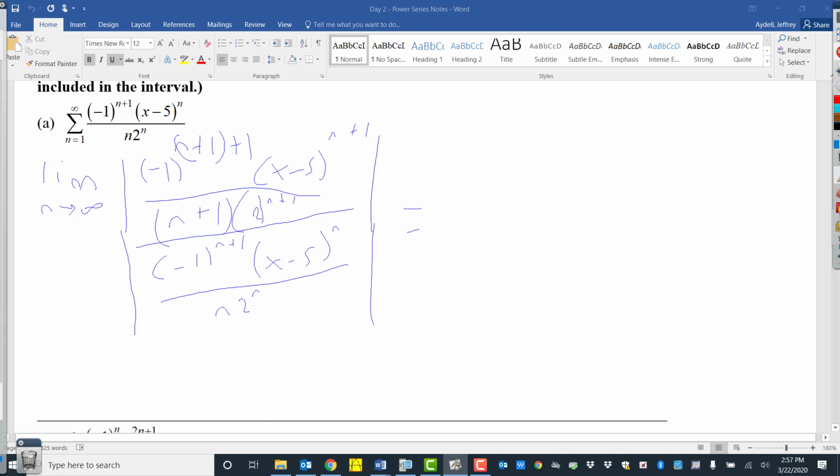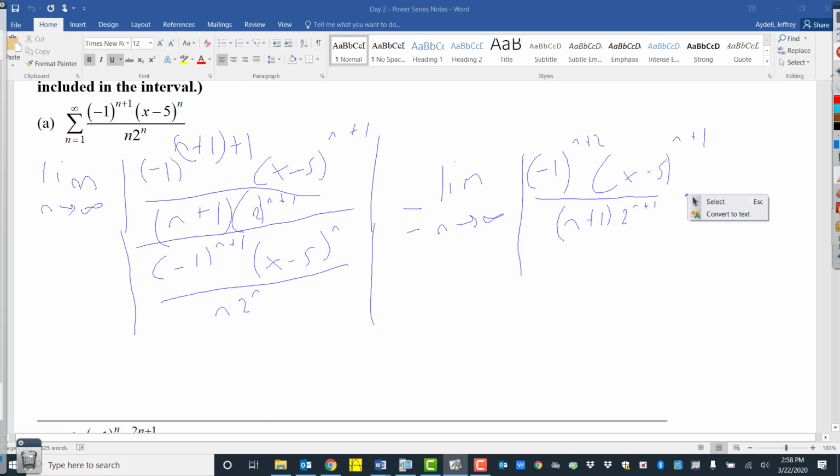Now this whole thing can be rewritten. We're going to rewrite this as the limit as n approaches infinity of the absolute value of -1 to the n plus 2 times x minus 5 to the n plus 1 over n plus 1 times 2 to the n plus 1, times, and then we're going to multiply by the reciprocal of that part right there.